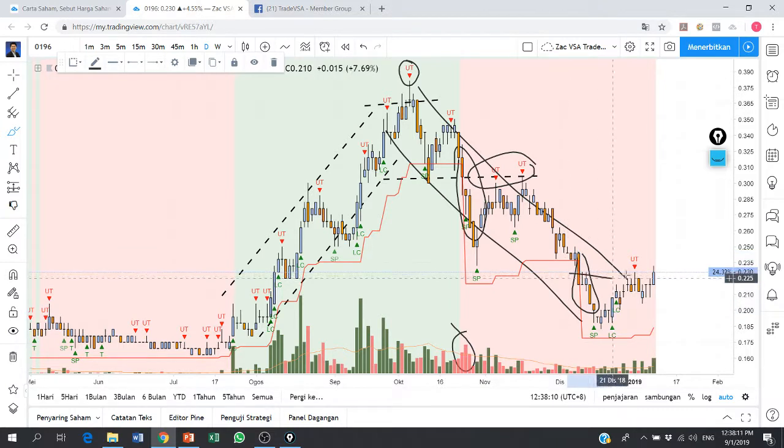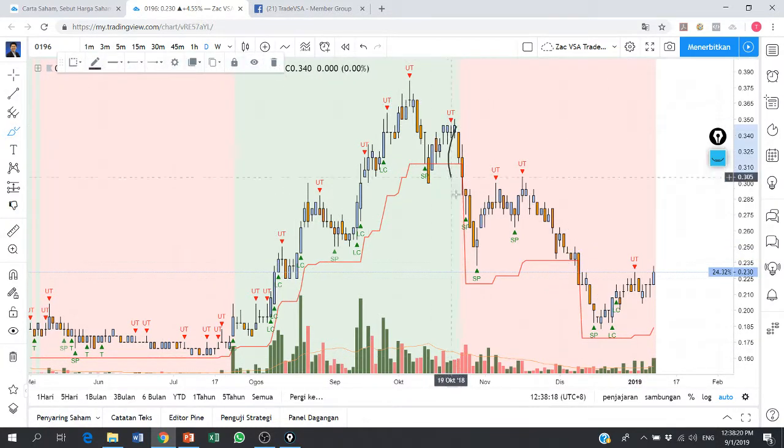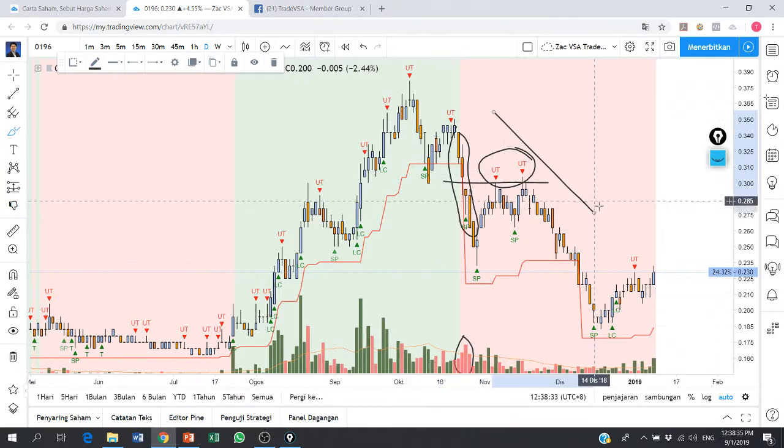Whenever you form this upthrust, it will form a resistance. I repeat, if you spot a widespread down bar, usually it comes with high volume, and sometimes we have a sell-off depending on the volume. Then you see this upthrust, it will form a resistance over here, which means this is the markdown stage.